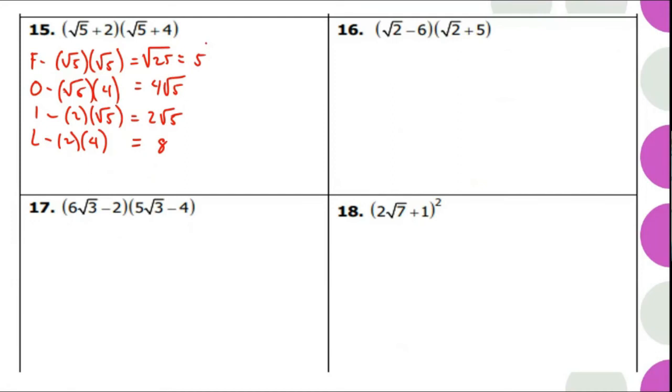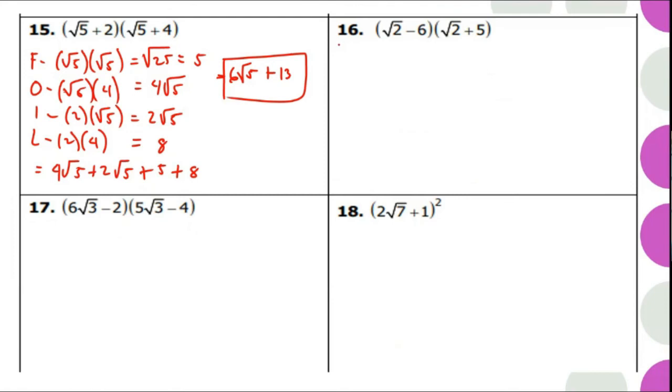Now we will combine similar terms: 4 square root of 5 plus 2 square root of 5 plus 5 plus 8. That is simply 6 square root of 5 plus 13. So this will be our final answer.